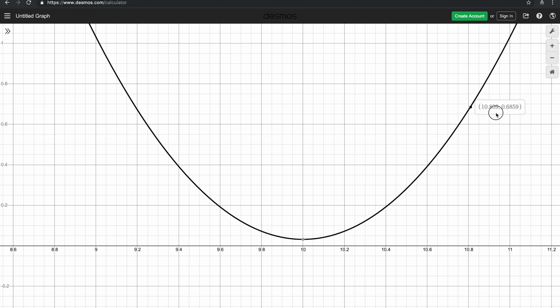So we have some sort of parabola that represents the actual error. This is not the actual error function, just an example of how it looks, which is a parabola that's going up. It never goes into the negative side because we're squaring it, so we never have any negative values.